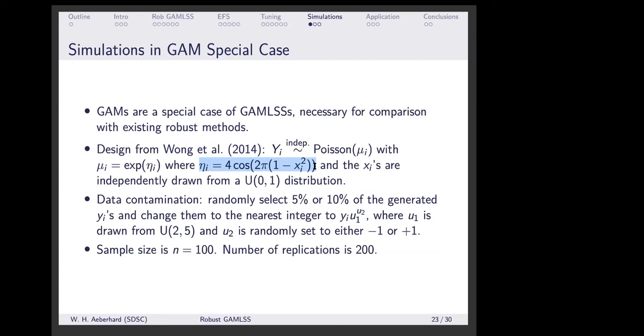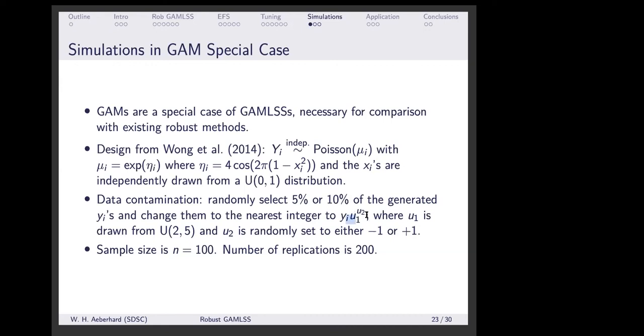Now I'm going to simulate data at the model, at the Poisson distribution, but I'm also going to contaminate the distribution, and here I'm also following what Wong and his collaborators did. I'm selecting at random 5% or 10% of the generated counts, and then I'm moving them to the nearest integer subject to this funny looking scheme here.